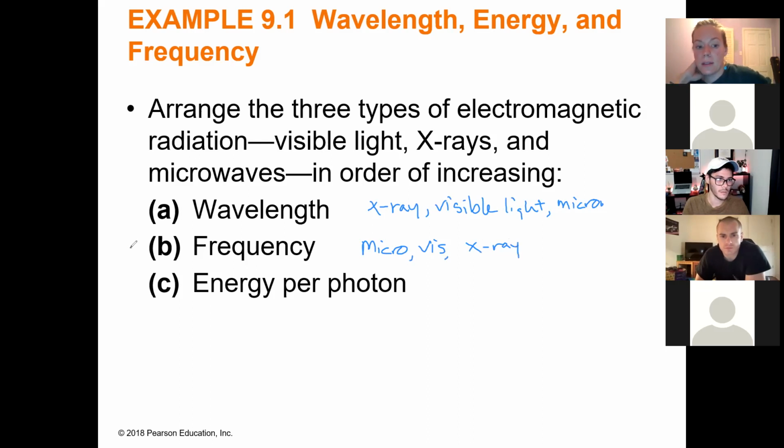And then frequency and energy are directly related to each other, so energy will follow parallel to frequency: microwave, visible light, and then X-ray. Microwave has the lowest energy, visible light has a higher amount of energy than microwave, and X-ray has the highest amount. So energy is inversely related to wavelength.